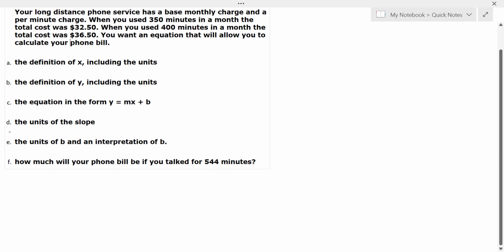All right, so first, let's define the x values. The definition of x should be minutes used in a given month. And then the unit for x will be minutes.